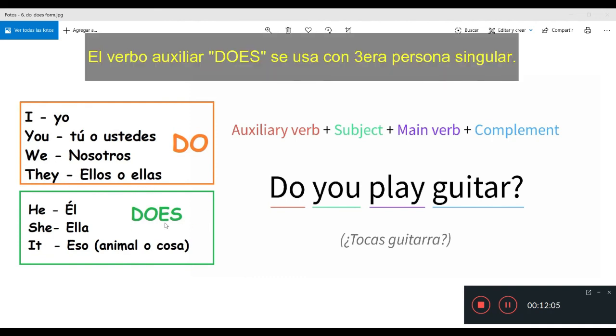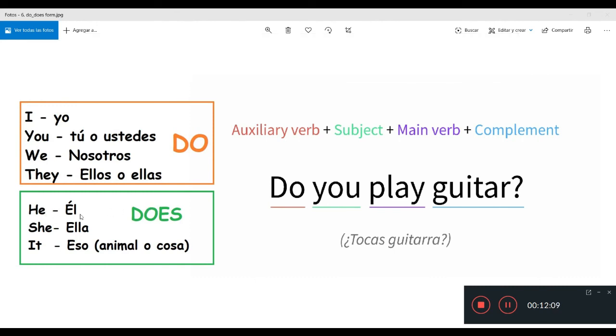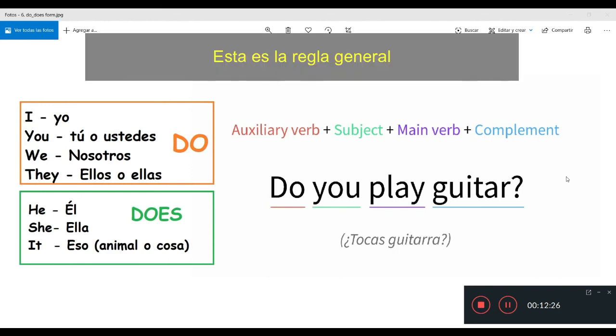Auxiliary verb does is used with third person singular. He, él, she, ella, it, para indicar eso. Un animal que tú no conoces su género, si es hembra o macho, y una cosa que las cosas, los objetos no tienen género. This is the general rule. When asking questions, you have to write down first the auxiliary verb.